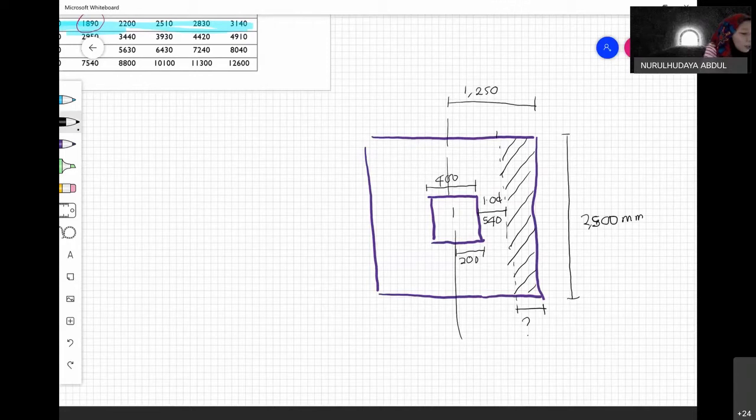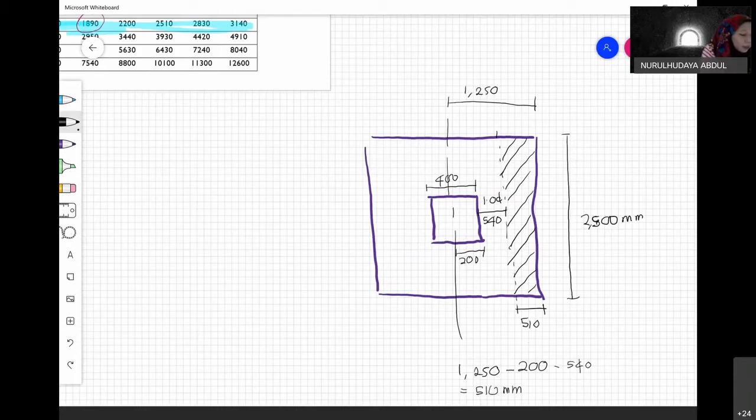So to get the balance, the question mark here, 1250 minus 200 because of half of the column, and minus 540, which is that 1.0D. And you will get some value here. I get 510 mm. So the question mark is actually 510.